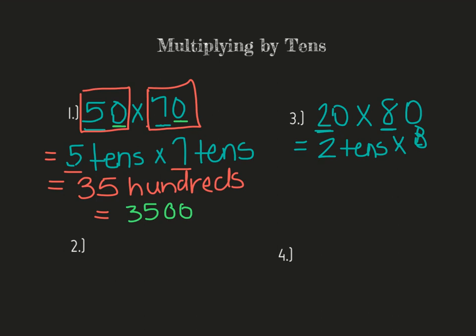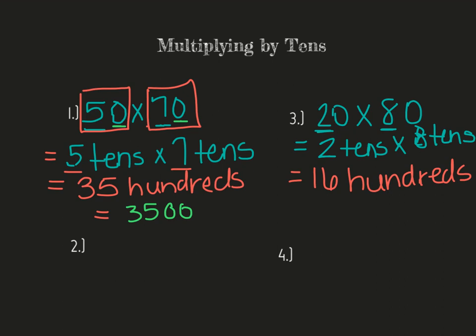Again, it's a lot easier for me to multiply 2 by 8, but still keeping in mind that what I'm multiplying are tens. So 2 tens times 8 tens, how many hundreds is that going to give me? Well, what is 2 times 8? 2 times 8 is 16.